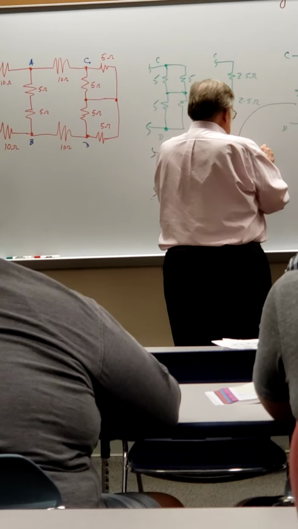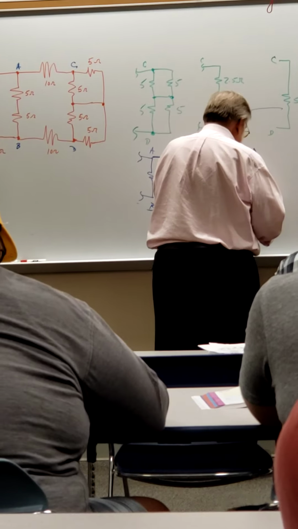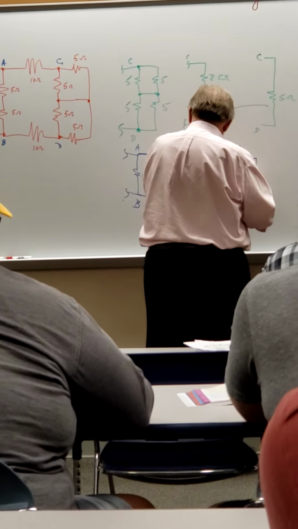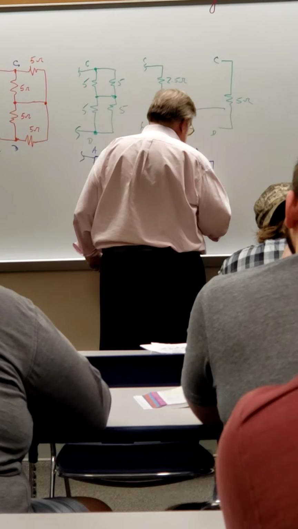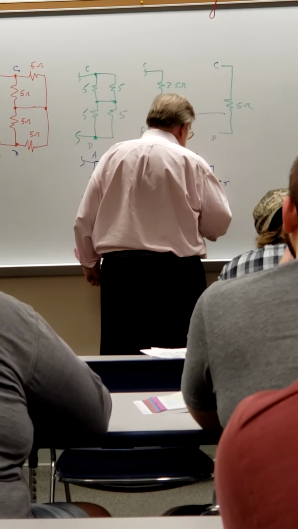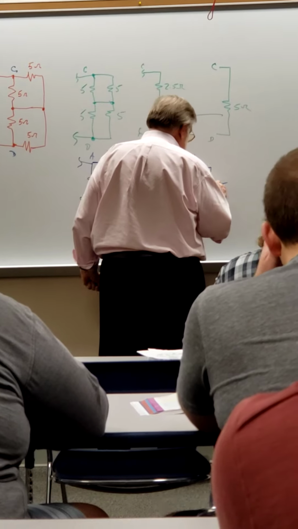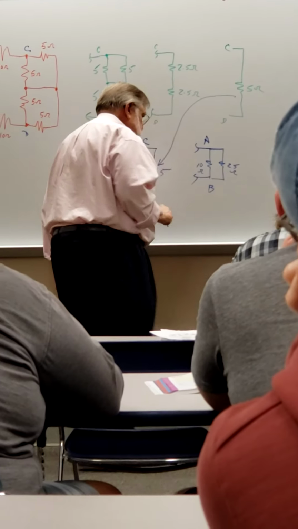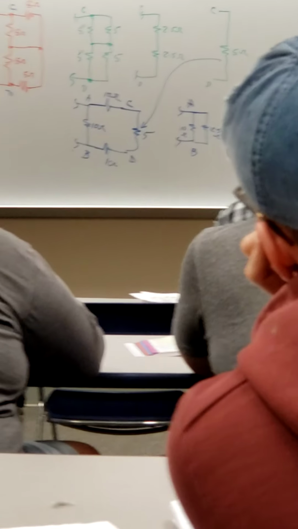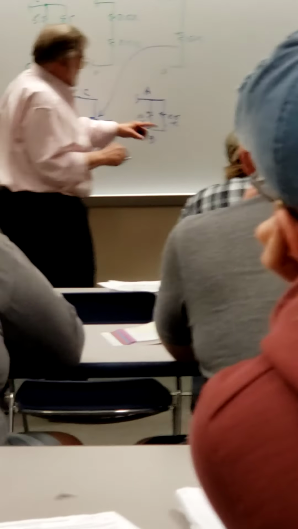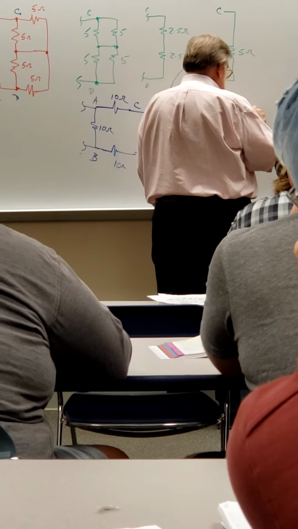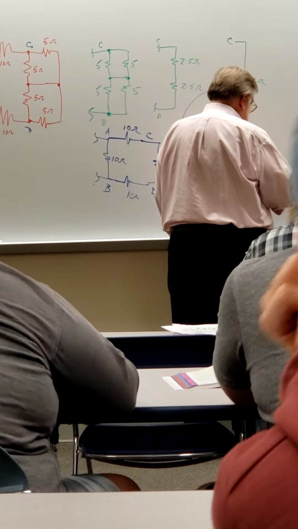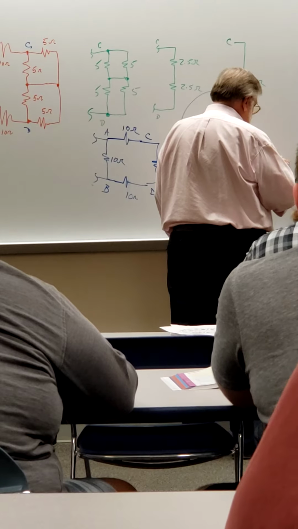So I do another reduction with A and B. And that's a 10. And the other guy over here is a 25. And then the next reduction is 10 in parallel with 25. And that becomes a single resistor with 7.14 ohms.